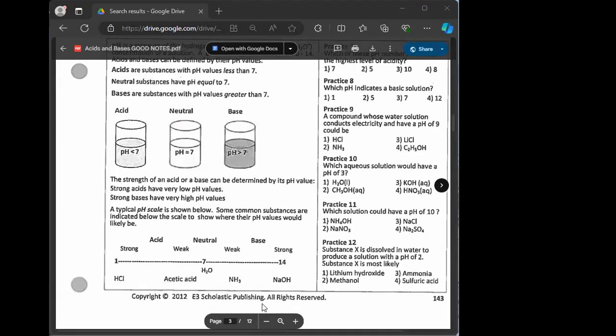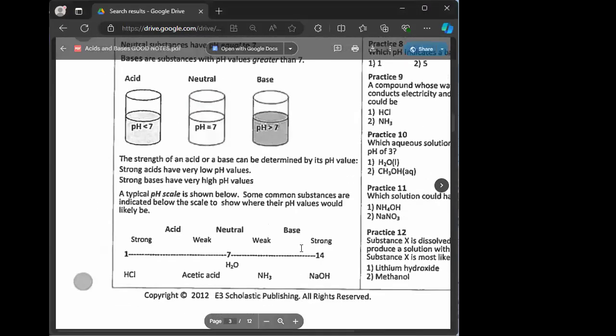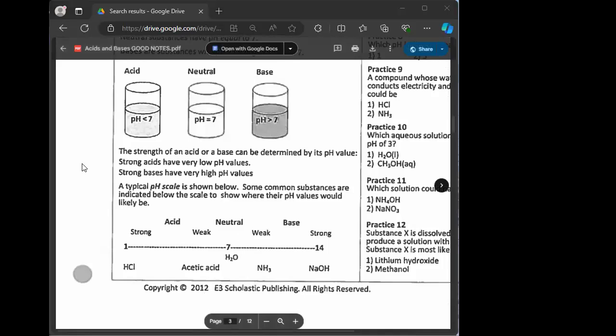Let's say the strength of an acid or base can be determined by the pH value. Strong acids have very low pHs, and then strong bases have very high pHs.